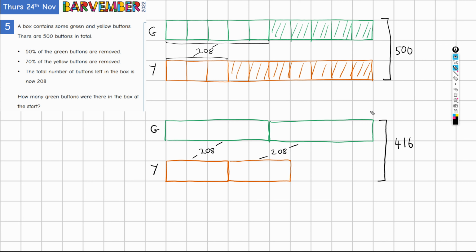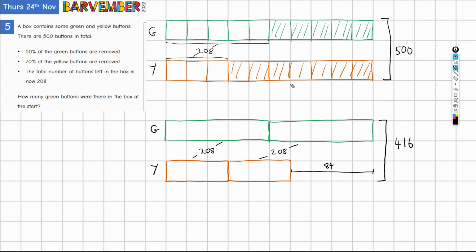Let's compare this model with this model. What's the difference? The difference is these missing 1, 2, 3, 4 yellow parts. So the difference between these two models is here, and that means that these 4 parts must be equal to the difference between these two values. 500 minus 416 gives us 84.